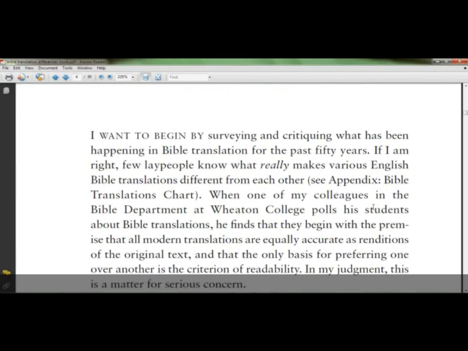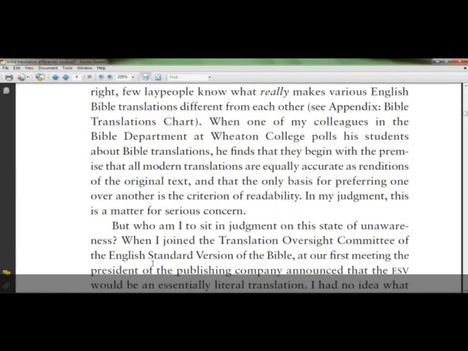When one of my colleagues in the Bible department at Wheaton College polls his students about Bible translations, he finds that they begin with the premise that all modern translations are equally accurate as renditions of the original text, and that the only basis for preferring one over another is the criterion of readability. In my judgment, this is a matter for serious concern.